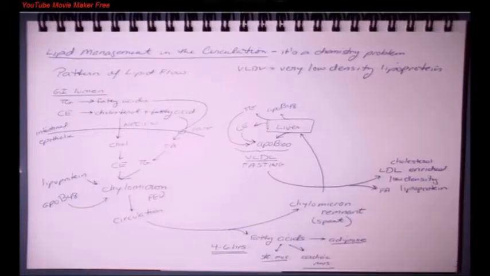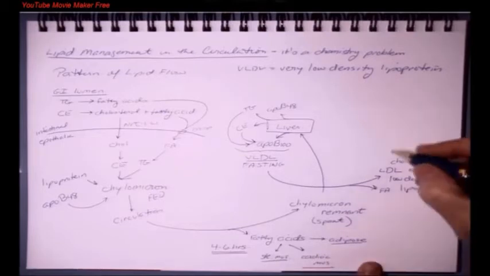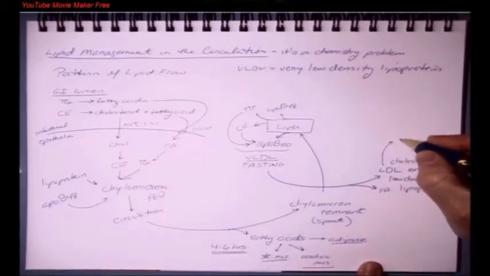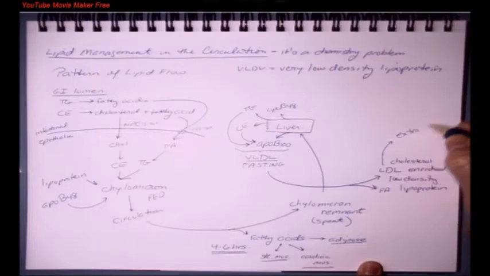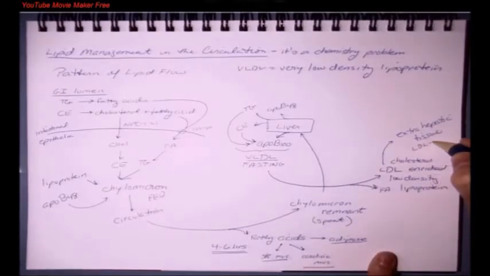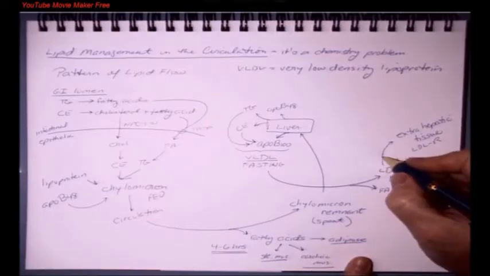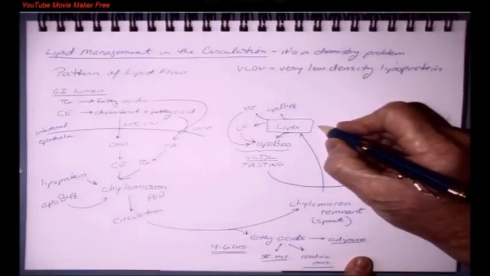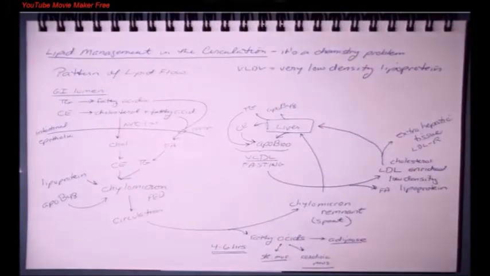Now, the LDL has two fates. One, the LDL can be taken up by extrahepatic tissue, and of course, this is by the LDL receptor. We'll talk about that a little bit more later. Or the liver can take up the LDL particle itself.